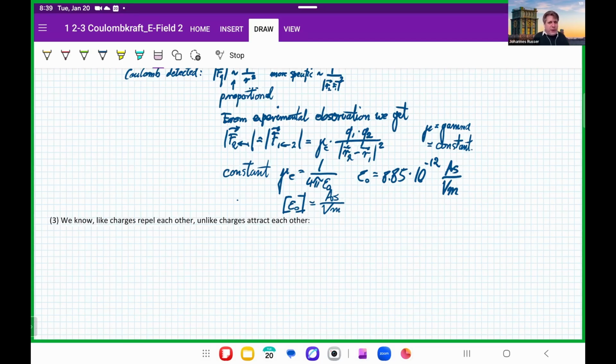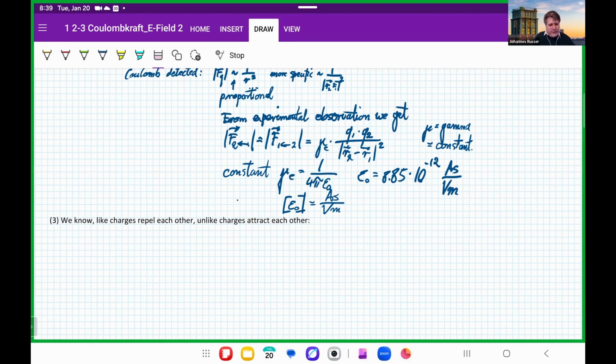So we saw in this example that we draw the vectors for the Coulomb force in opposing direction. That does not need to be the case always, because we said there are two different kinds of charges, and those charges we call plus and minus.